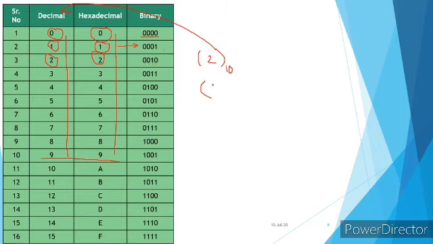If I say 2 here and 16, now this becomes a hexadecimal number system. You can see 9 in decimal or 9 in hexadecimal corresponds to 1001. Now here it is different. 10 in decimal is A in hexadecimal, and it has binary 1010.